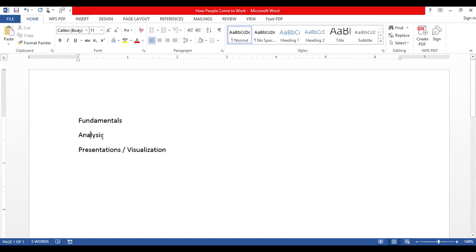For example, you can do regression analysis. You can use that for forecasting and all that. I think we have already done regression in this class.